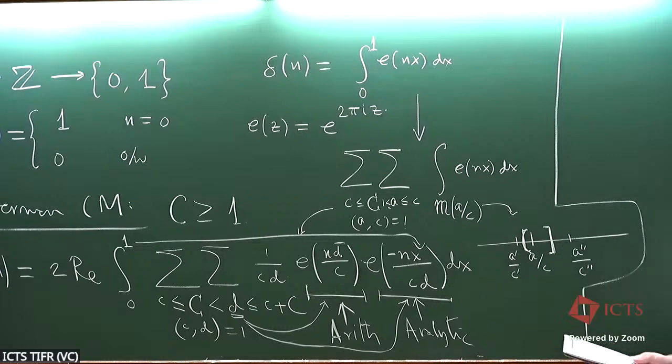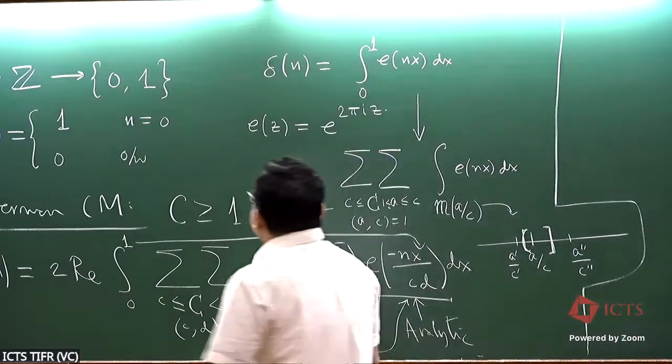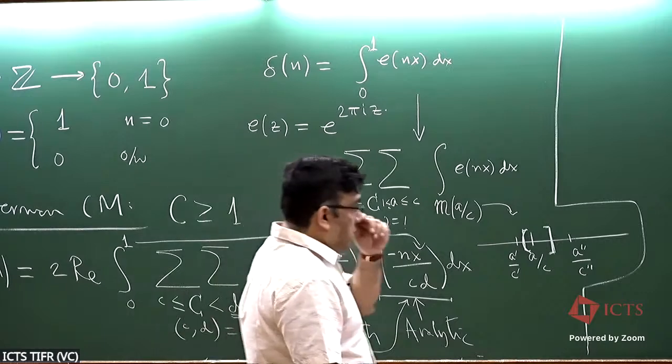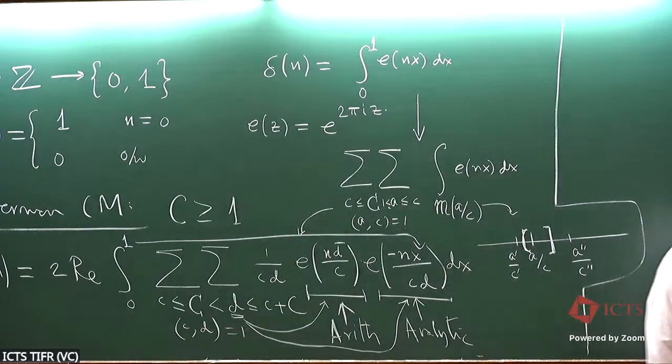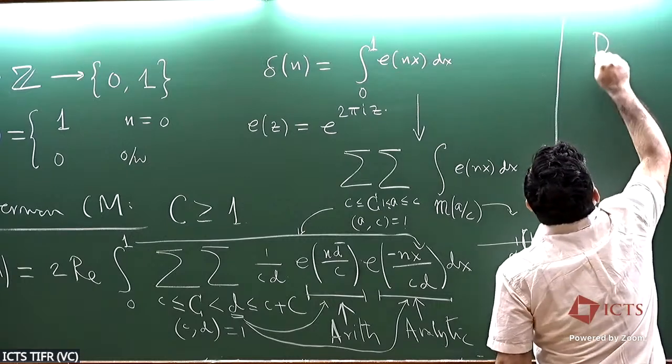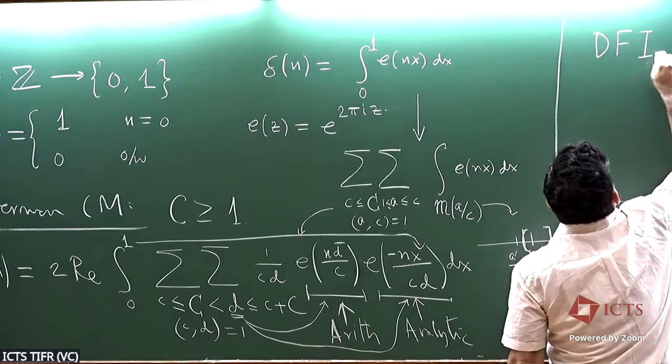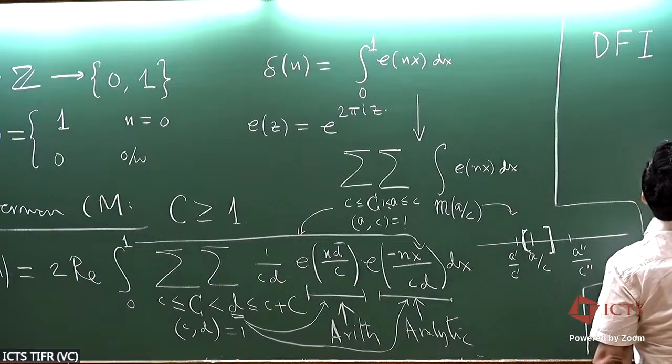And the starting point for that formula is not this integral, but it starts from this basic observation that if the integer is 0, then it is divisible by all other integers. And if it is not 0, then there are only finitely many divisors. So we call it the DFI, Duke, Friedlander, Iwaniec delta method.